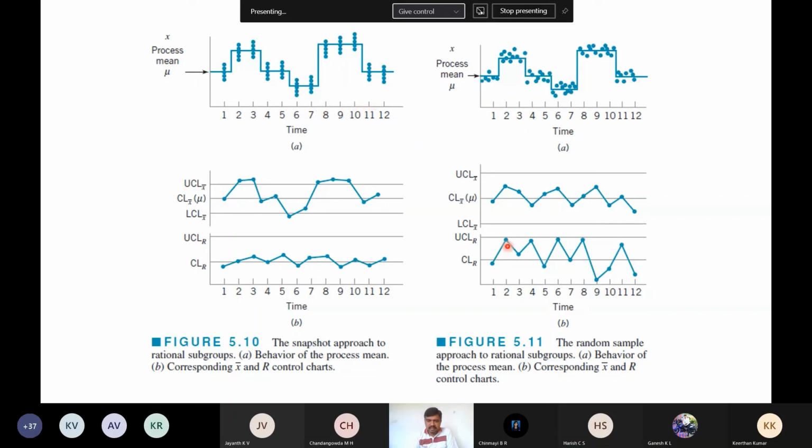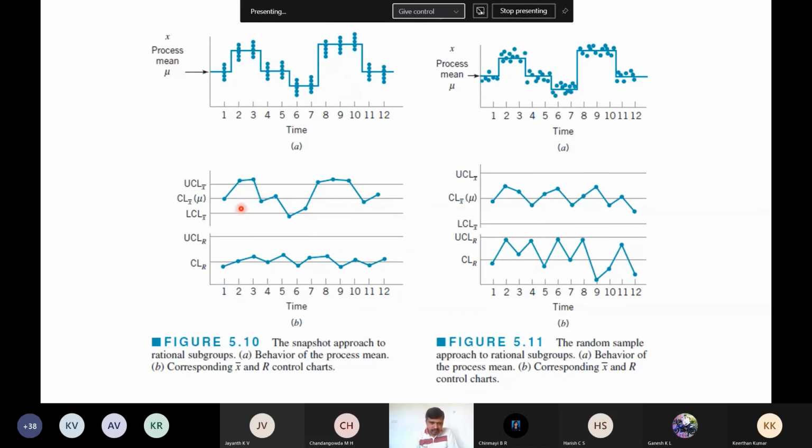Whereas in the random sample approach, you are taking samples randomly. From 0 to 1 hour, you are taking almost 4 samples, then between 1 and 2 you are taking samples here. So this is the random sample approach. Here you consider a fixed time interval of 1 hour to take 5 samples, and here you take samples randomly.